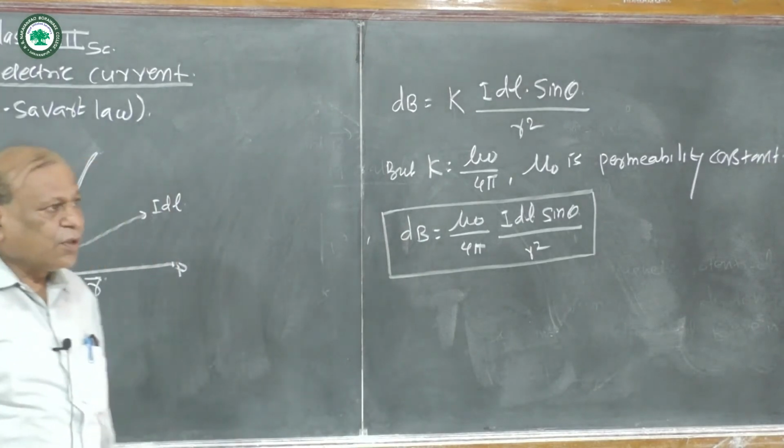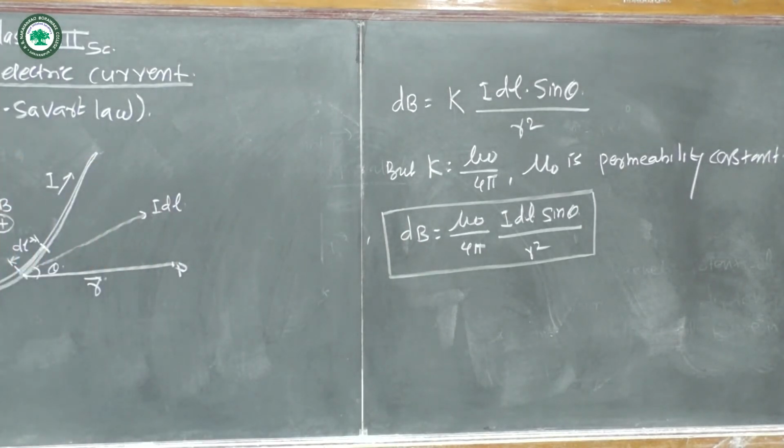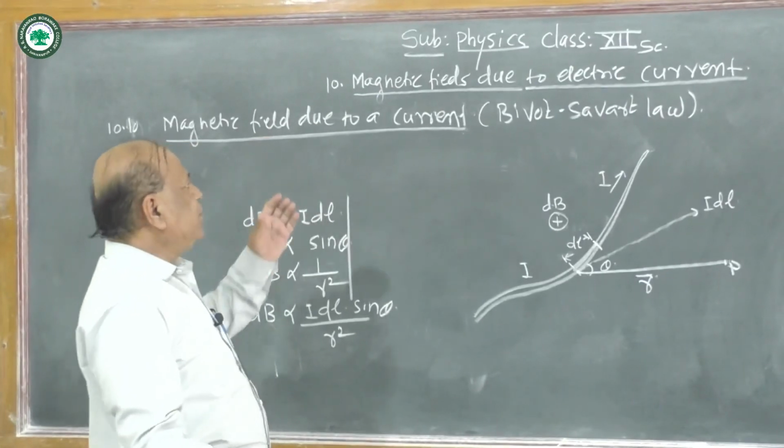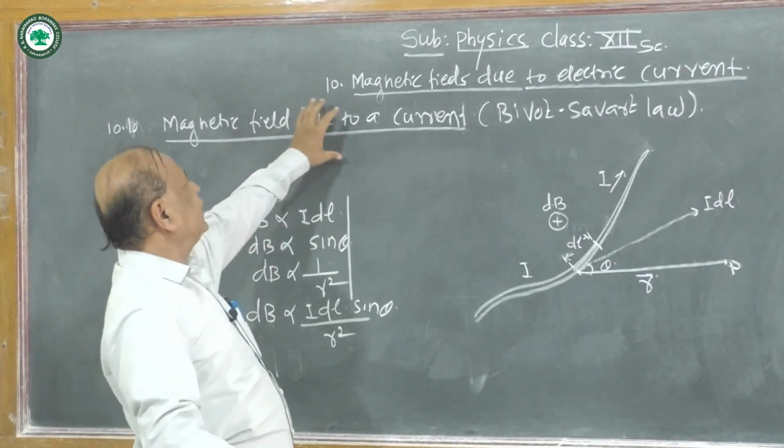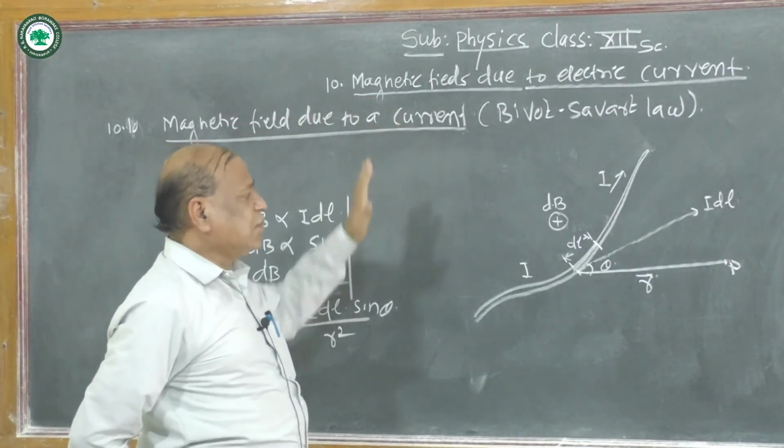Now I will explain again the magnetic field due to a current.